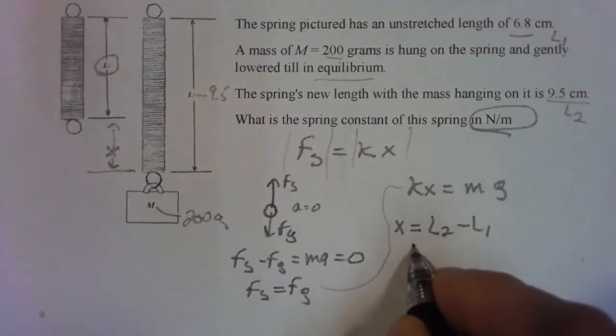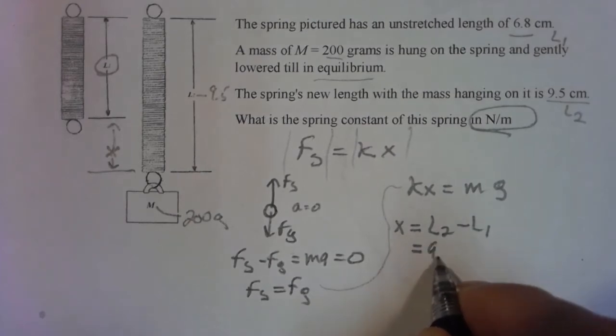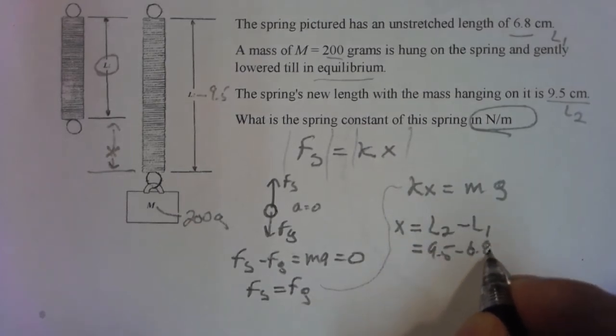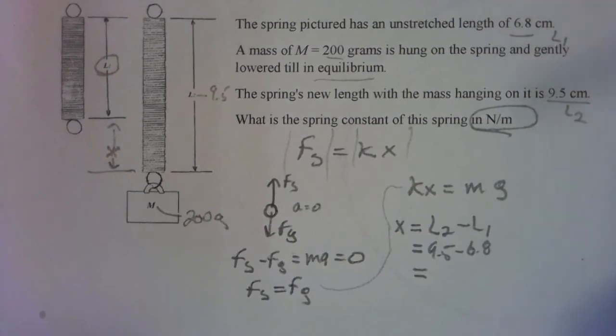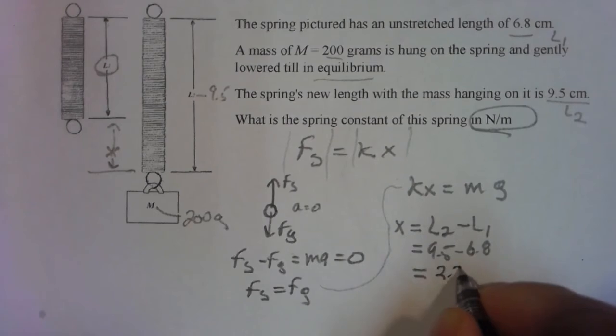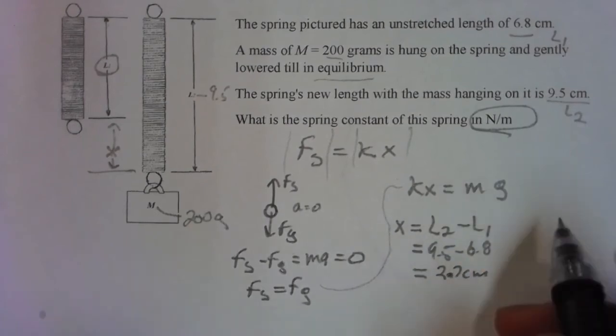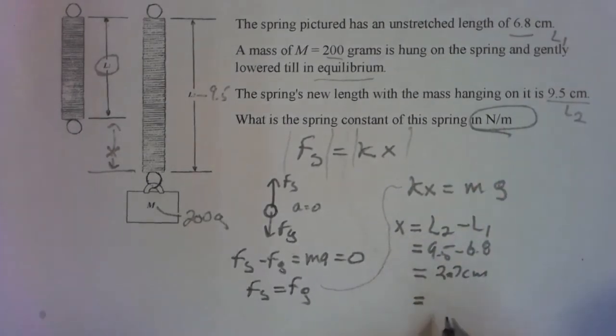And in my case, that is 9.5 minus 6.8, which is 2.7. 2.7 centimeters. But we want to put things in meters. So divide that by 100. 0.027 meters. That's my x.